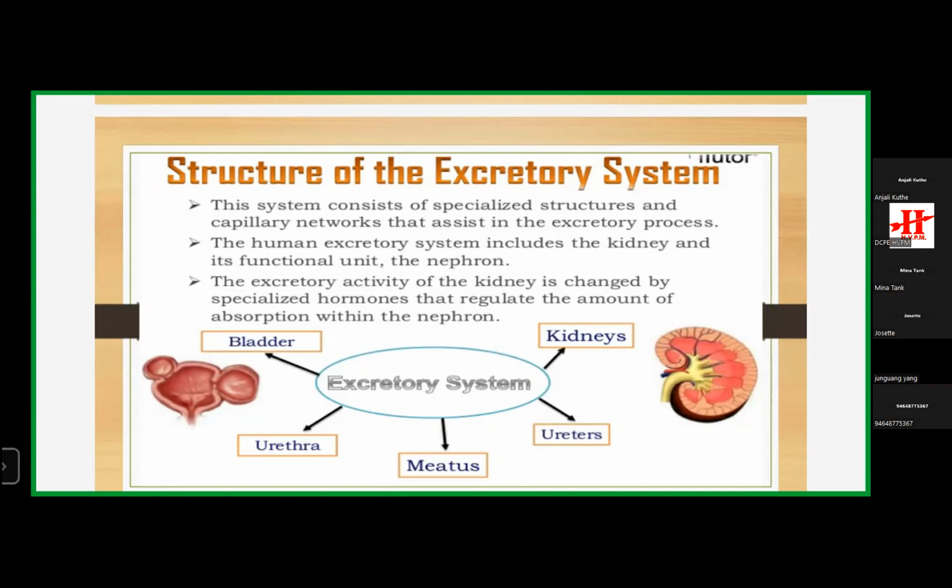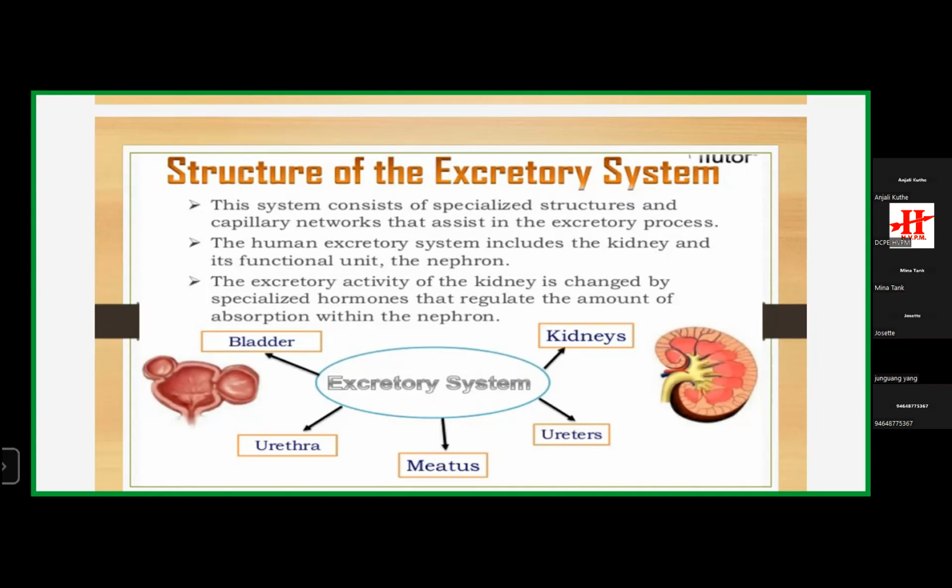Width is 6 centimeters, and the thickness is 4 centimeters. That means length, width, and thickness are 11 by 6 by 4. These are the measurements of the kidney.